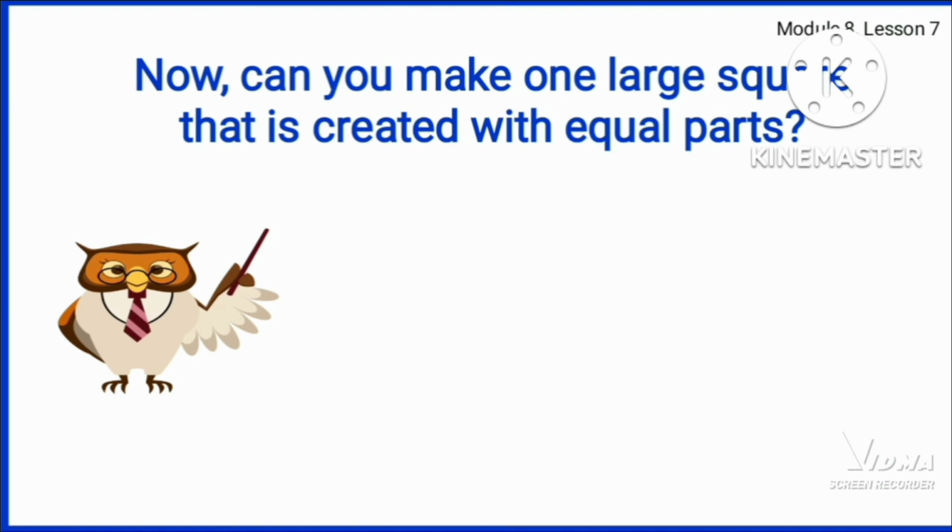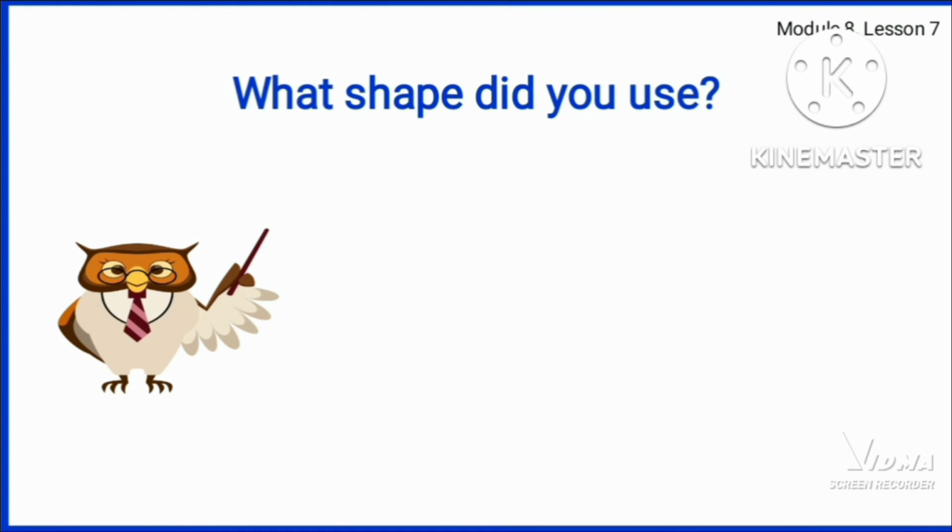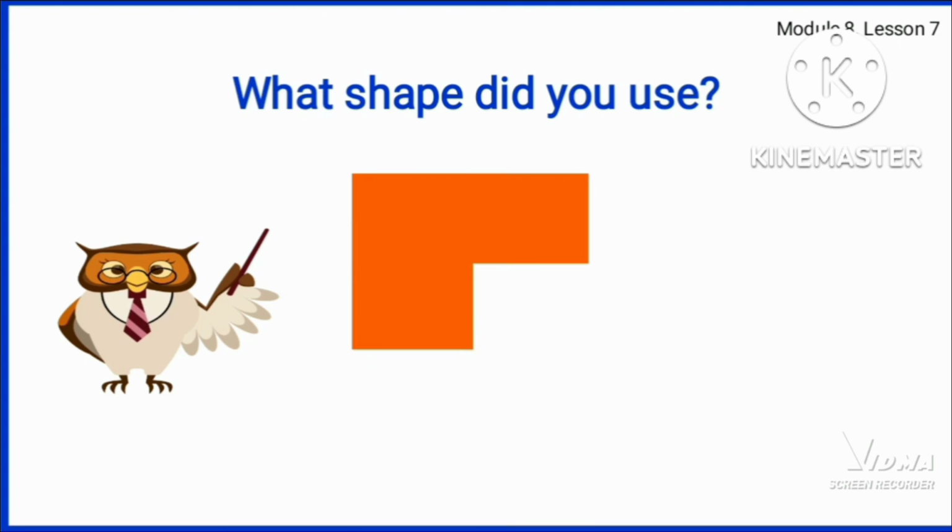Now, can you make one large square that is created with equal parts? Try using shapes and see what you get. Now this is a square, another square, yet another square, and another.